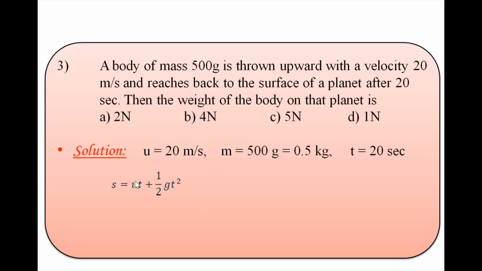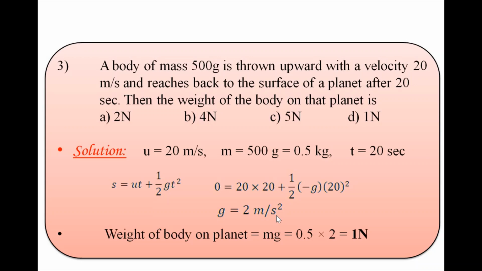Putting the values in the equation, we get 0 is equal to 20 into 20 plus 1/2 into the bracket minus g into 20 square. Calculating, we get the value of g, that is g is equal to 2 meter per second square.